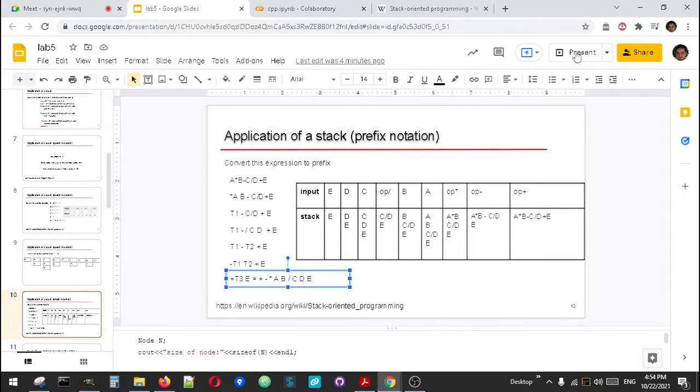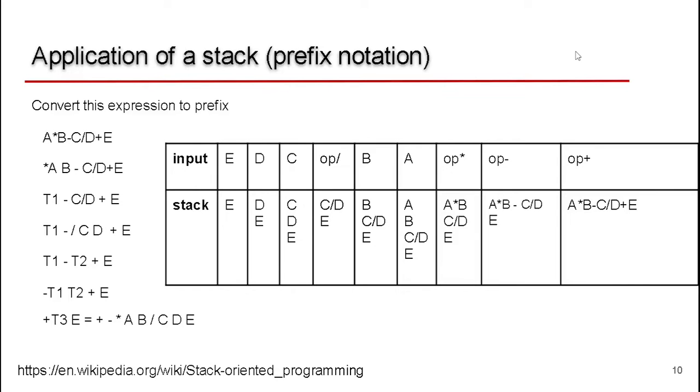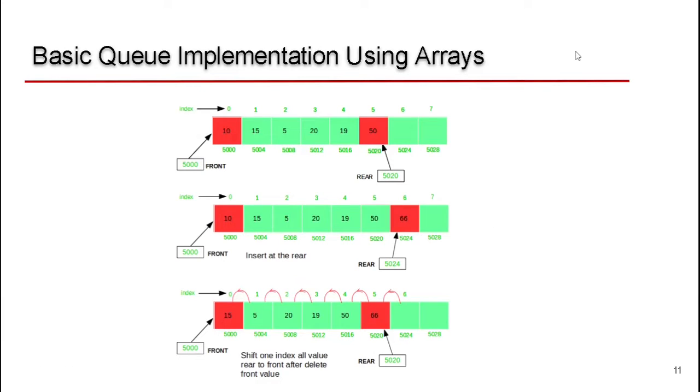Okay, let's continue. Finally, we reached the queue, the implementation of the queue. Here is just an illustration that in a queue we have front and rear. It was called top and bottom, or top and tail, in the stack.